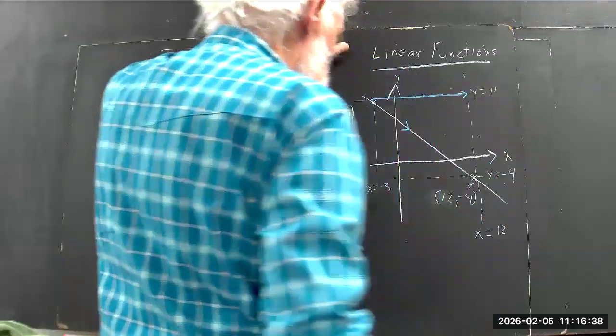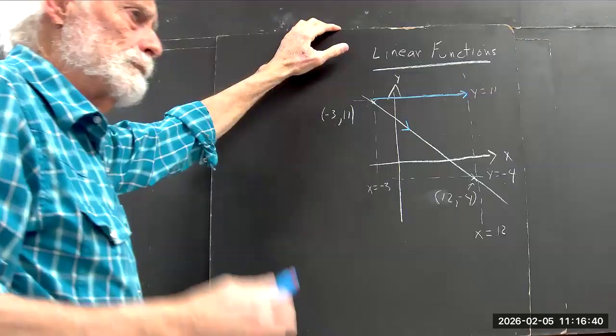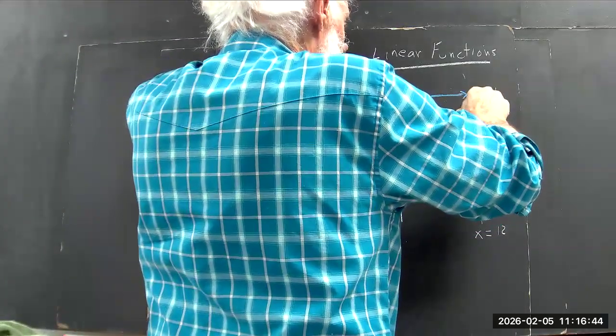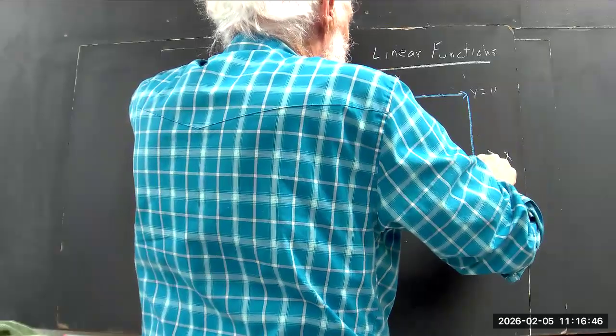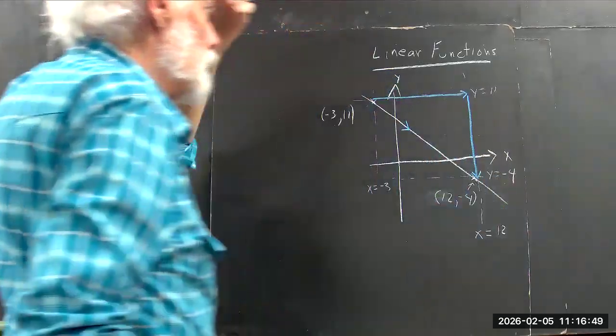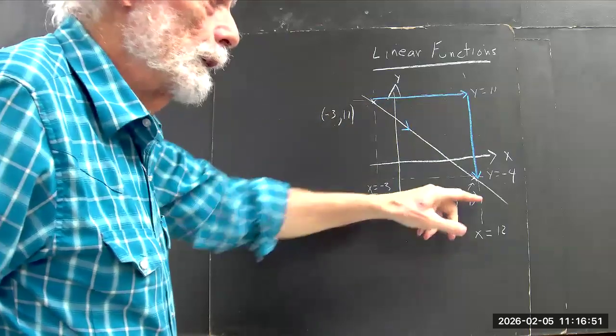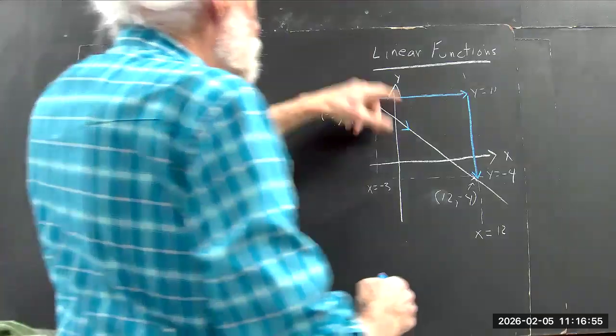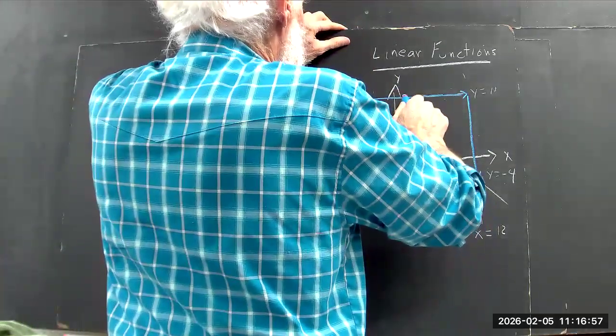So now my path is going to go from here to here. And I put an arrow on that because otherwise it's easy to make a mistake with the signs. And I draw an arrow from here down to here. Okay, well, this arrow represents what we call the run.